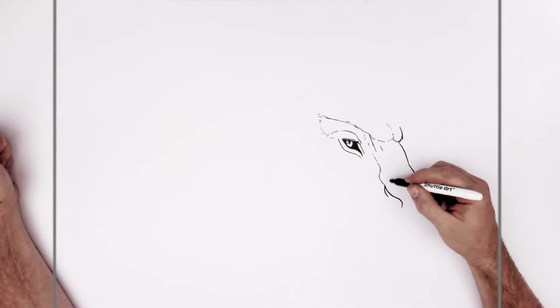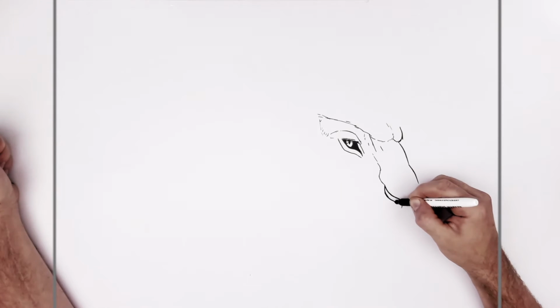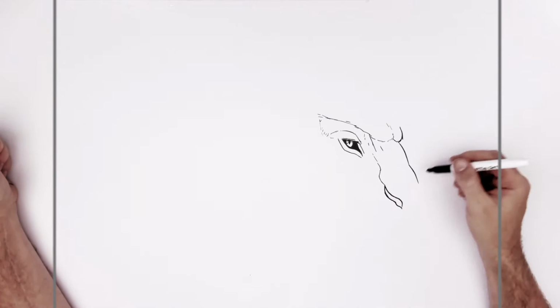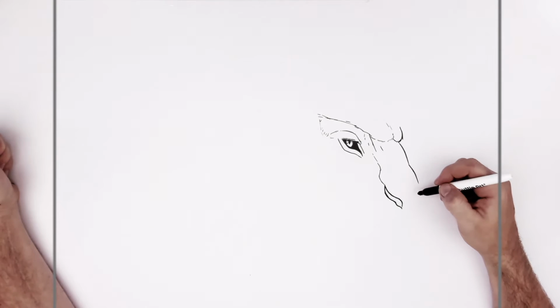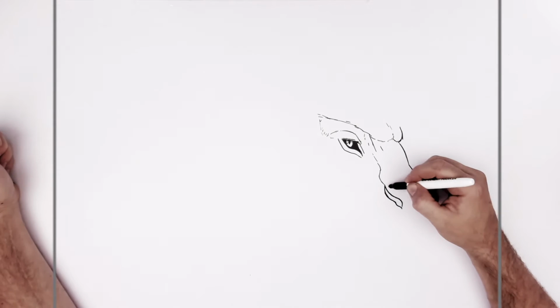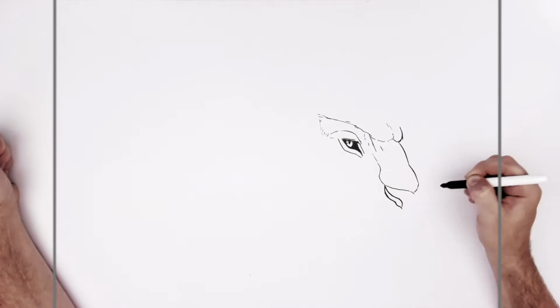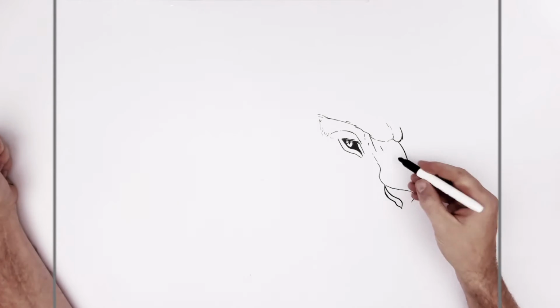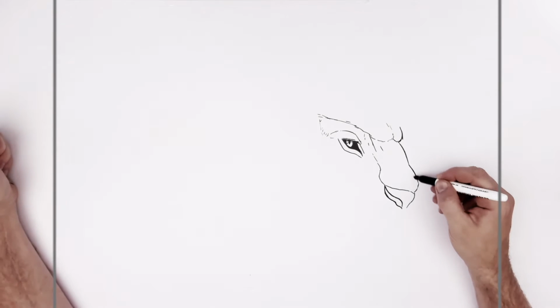And so it just curves like so. And then he's got like the tip of his nose comes across here, and then around the snout, and then this seems to come down the middle, sort of.